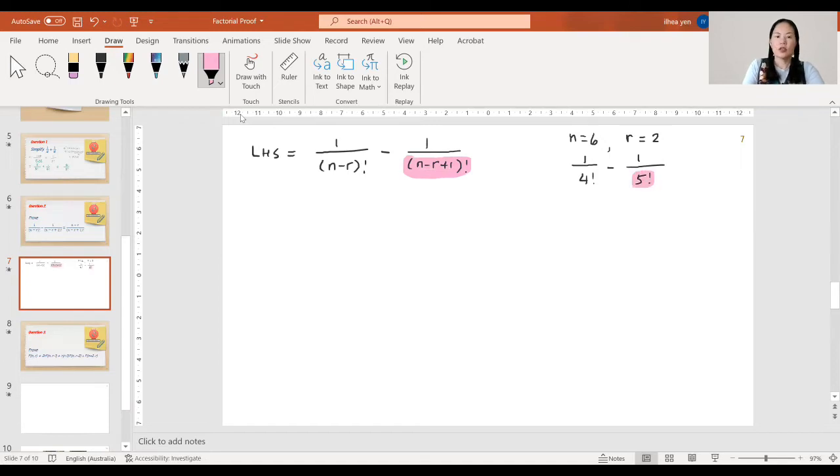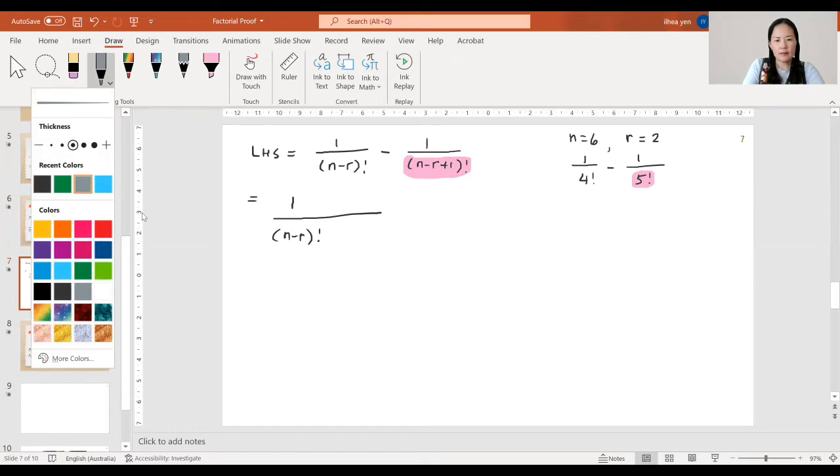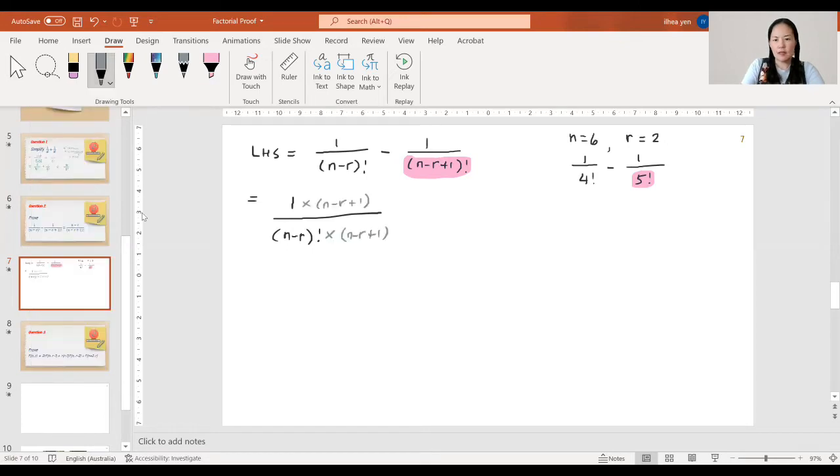Yeah. So what I'm going to do now is make my first fraction with the factorial using the common denominator. What I'm going to do is multiply by n minus r plus 1, just like what we did multiplying by 5 top and bottom to make this 5 over 5 factorial, right?